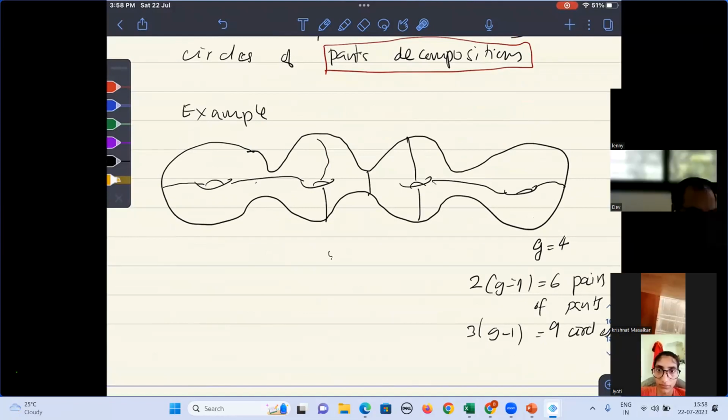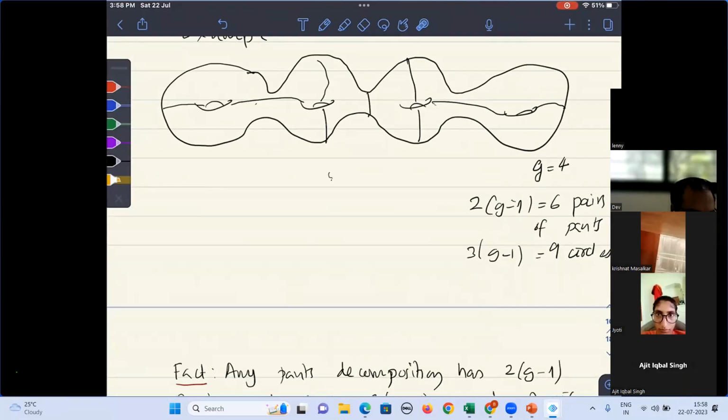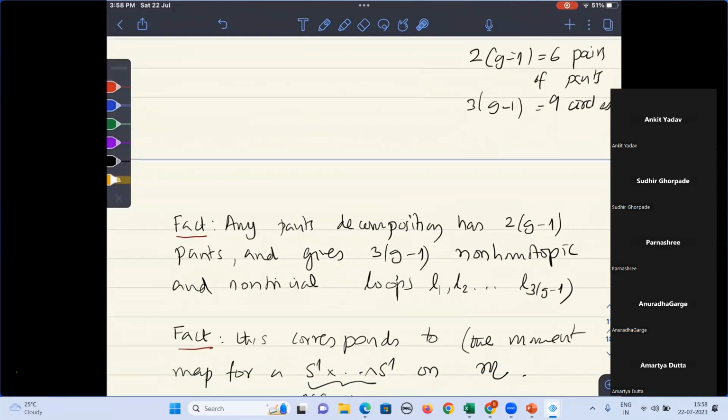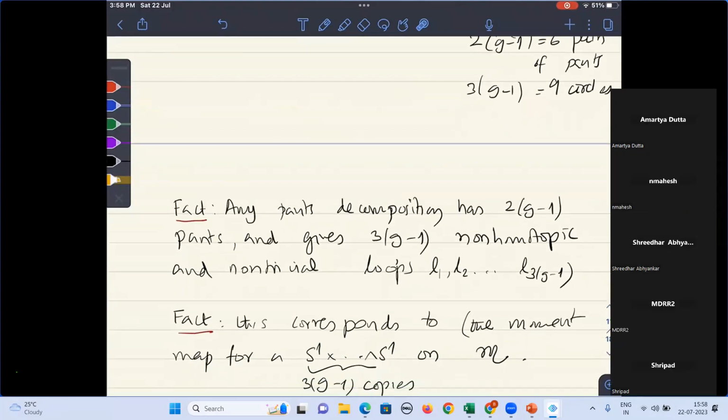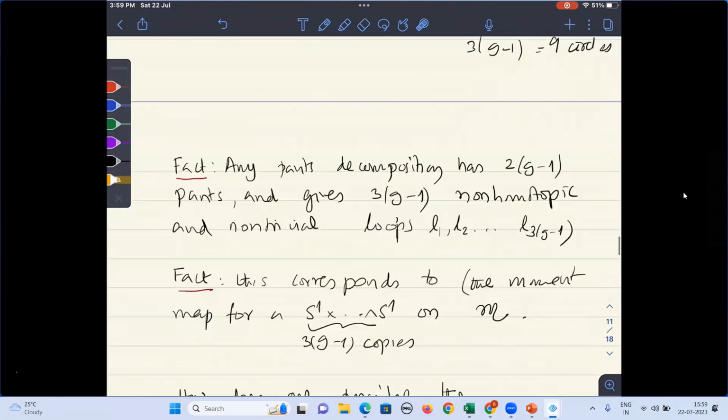There are 9 boundary circles here, which is not coincidentally the same as 3 times G minus 1. In fact, any pants decomposition has 2 times G minus 1 pants and gives 3 times G minus 1 non-homotopic and non-trivial loops L1 to L3, L 3 times G minus 1.